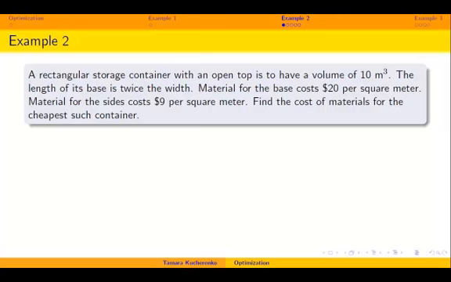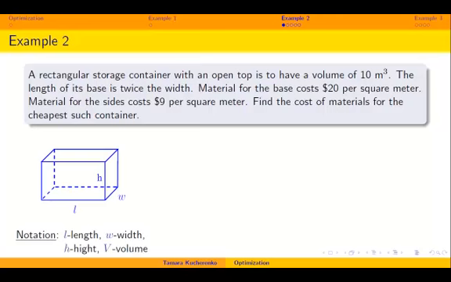We draw a diagram of an open box, where L denotes the length, W denotes the width, H the height, and V the volume.